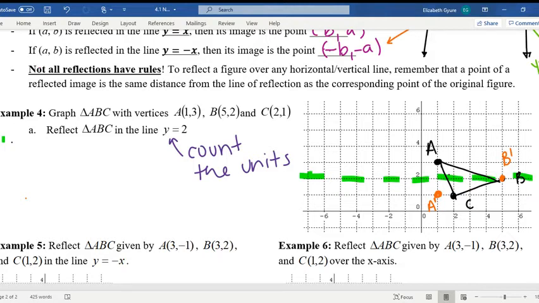Okay, look at C. C is 1 unit below. So if it's 1 unit below, how would you flip it over it? Go 1 unit above. That's C prime. And then just connect your 3 dots. And isn't that what the picture would look like if you just flipped it over? Yeah.